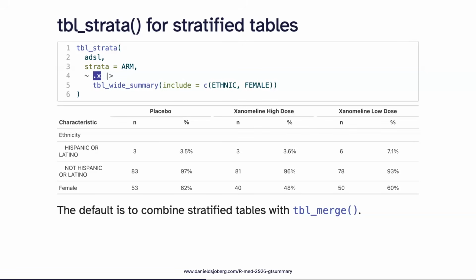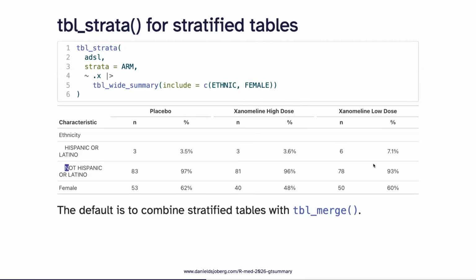One thing that trips people up about TBL strata is that sometimes people think it's going to do a lot more than it's doing. This is a basic utility that helps you build three tables quickly and then merge them. It does not share context among those three tables. So if, for example, in the low dose group, it was all Hispanic or Latino, and it wasn't a factor variable, then this individual construction of the low dose table wouldn't have a row for not Hispanic or Latino.